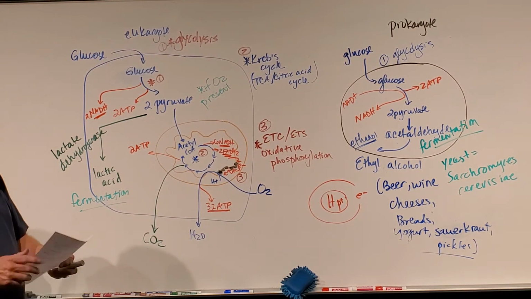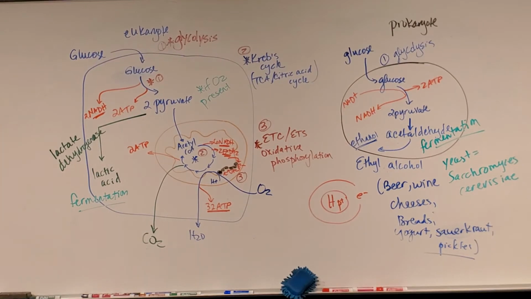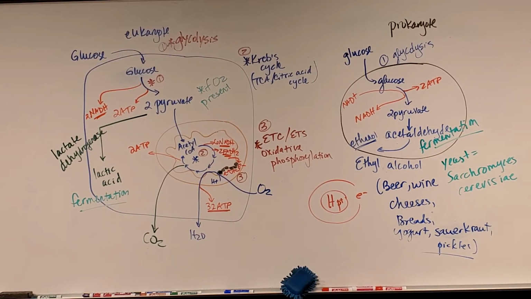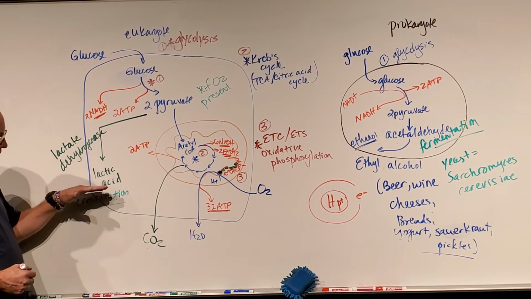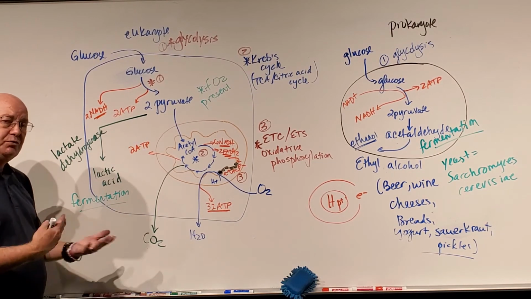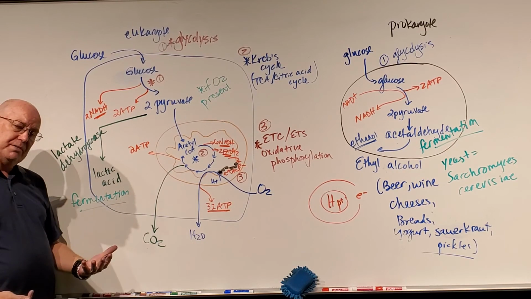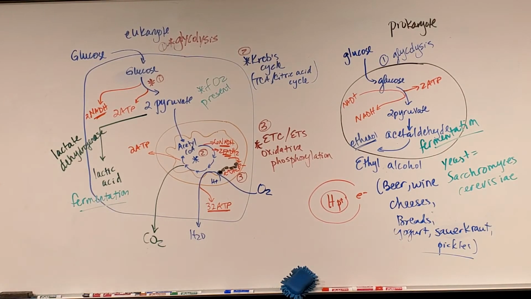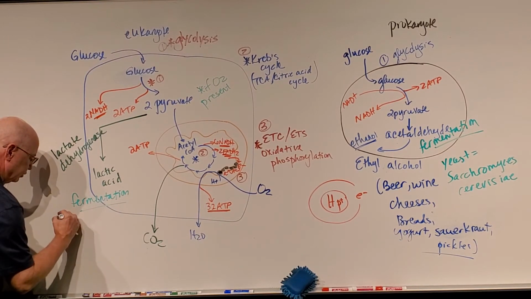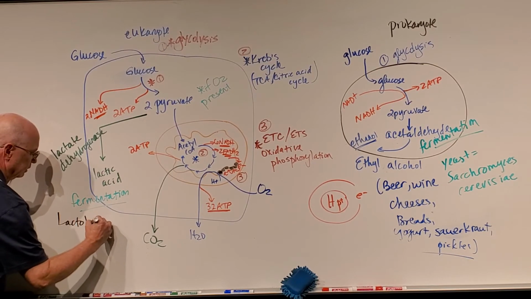Now, a couple of things I do want to briefly mention. I want to refer to my notes so I don't forget this. There's a couple of bacteria that can provide lactic acid. And there's a test that we can use to see if there are some bacteria present causing some problems. One of the bacteria that can perform the formation of lactic acid is one that's good for our gut called lactobacillus.